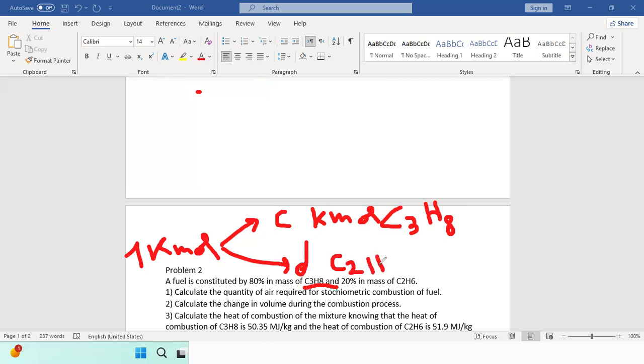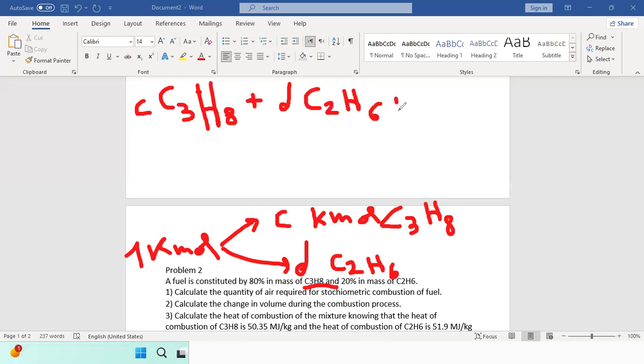And now I can determine then, if you want, the number of kilomole of O2 required for the combustion of this mixture. So I can write C kilomole of C3H8 plus D kilomoles of C2H6 will require how many kilomole of O2?